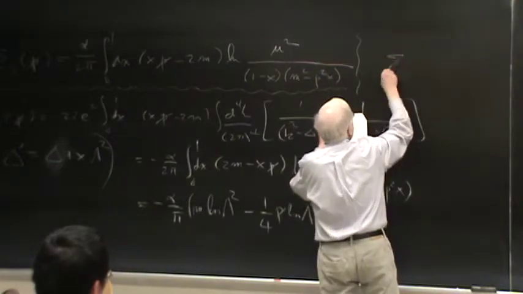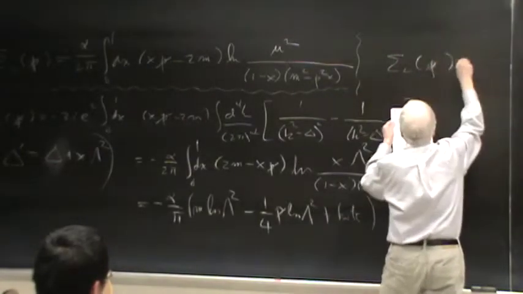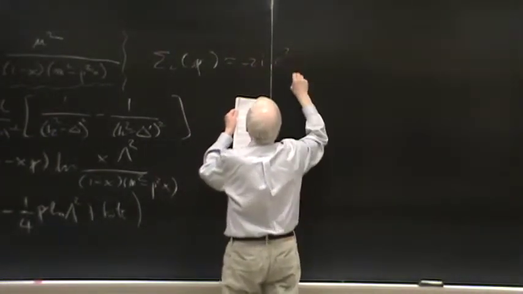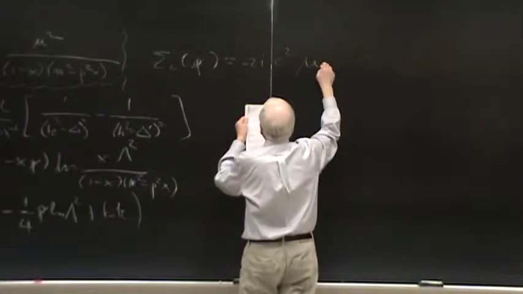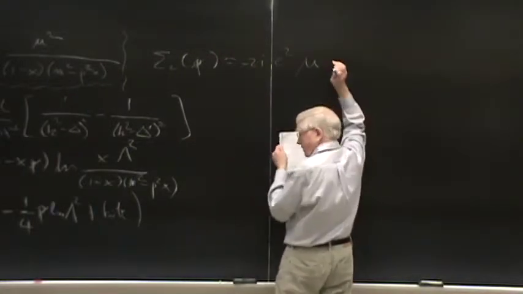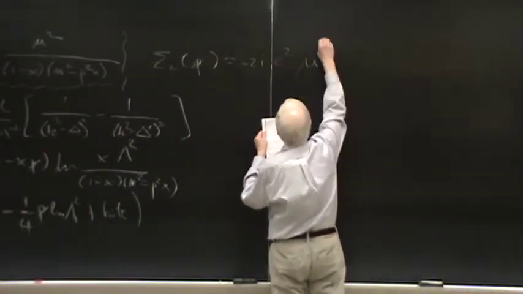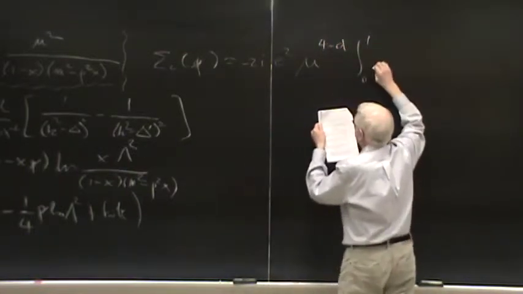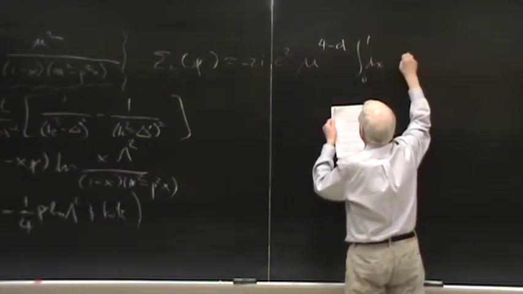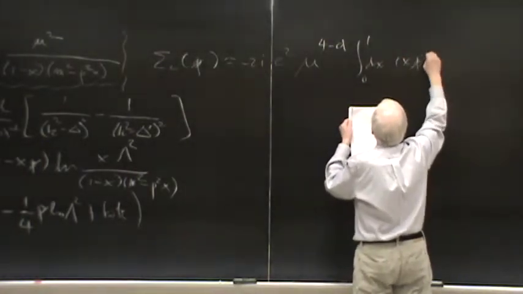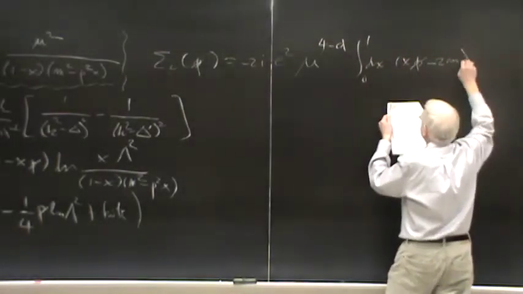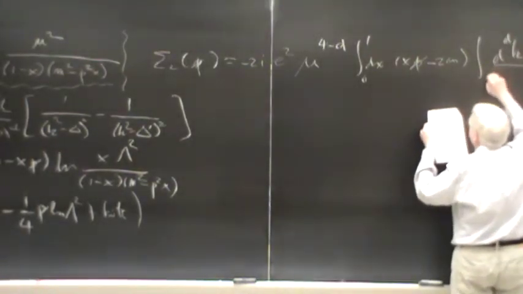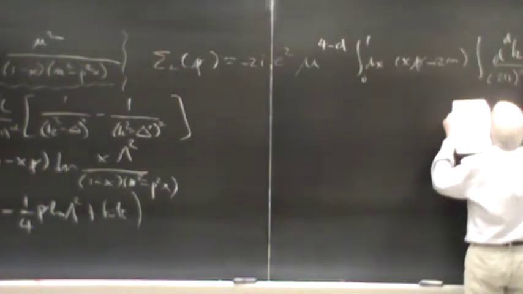And then what he has is symmetry p-slash is minus 2 pi e squared mu, which is just an arbitrary mass that's finite, to the 4 minus d, integral 0 to 1 dx, (x p-slash minus 2m), integral d^d k over 2 pi to the d.